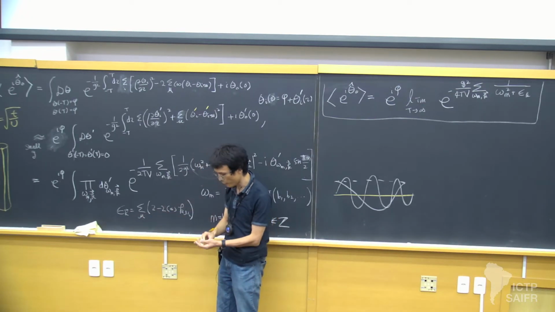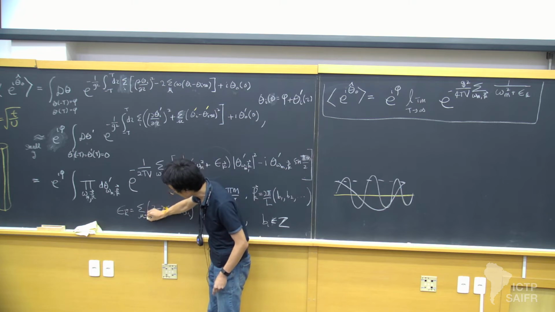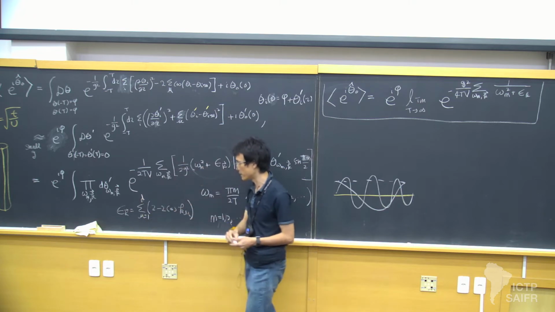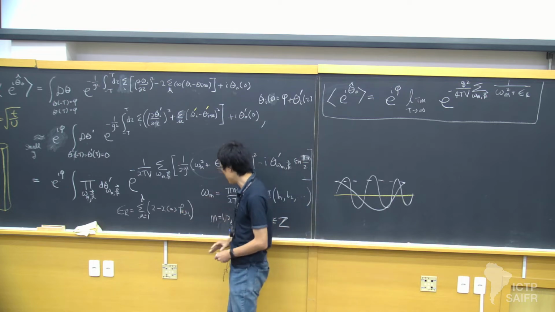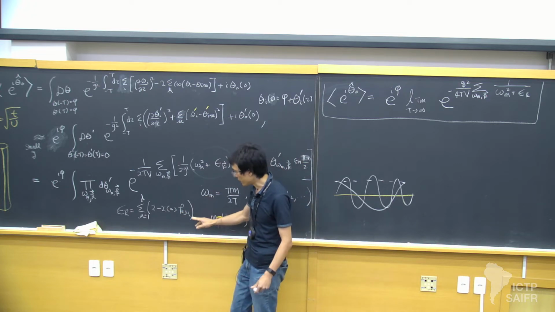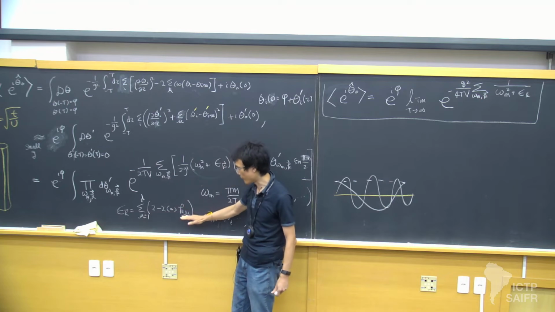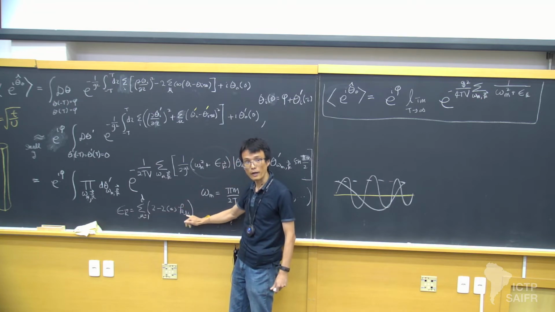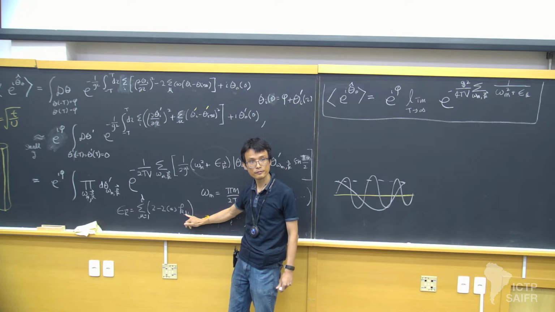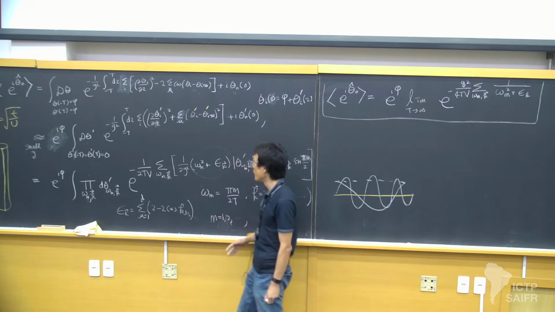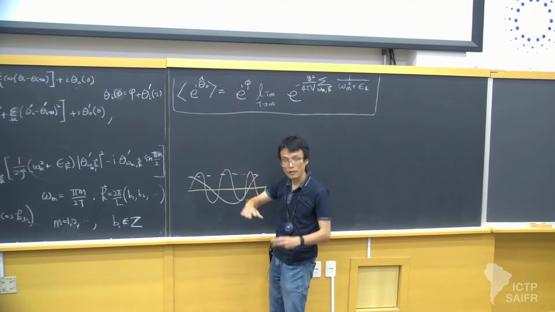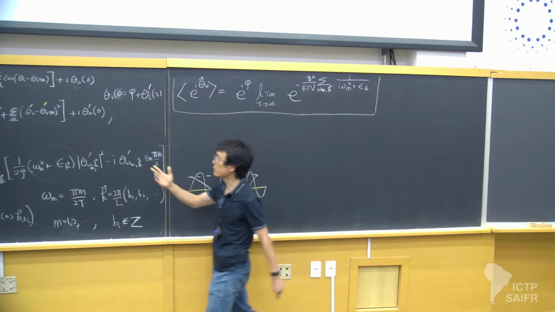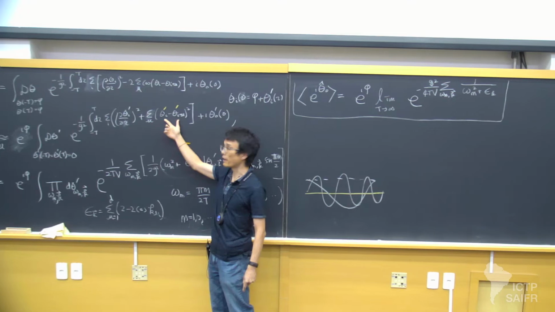So mu is summed over all directions, 1 to d, where d is the space dimension. The details are not important. As I mentioned yesterday, the important thing is that this vanishes quadratically when k goes to 0. Because when k is 0, all rotors fluctuate together without costing any action energy from here.